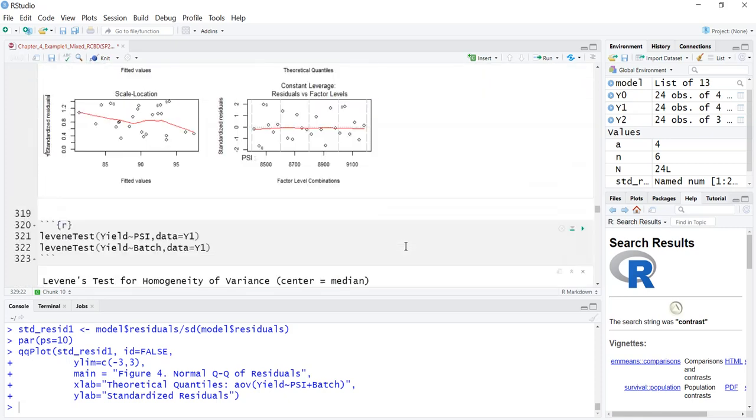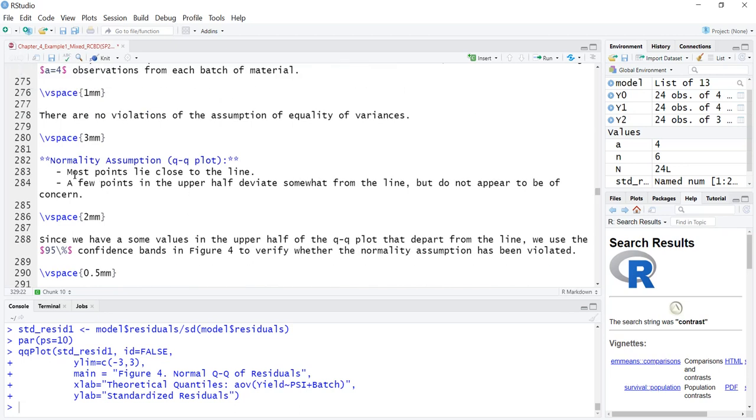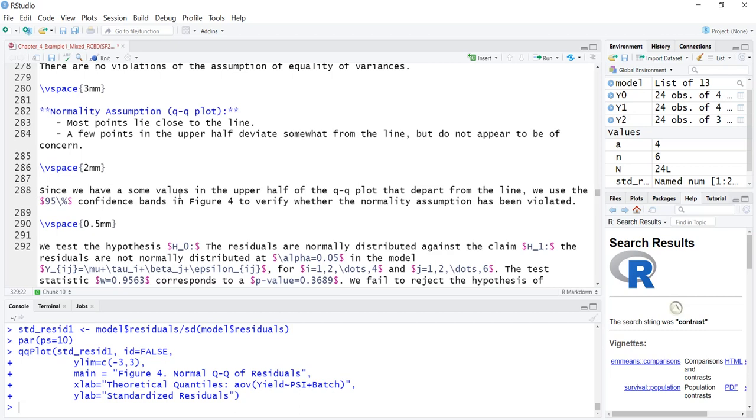All right. So now we have to write it up. So normality, most points lie close to the line. A few points in the upper half deviate somewhat from the line, but do not appear to be of concern. However, since we have some values in the upper half of the QQ plot that depart from the line, we used 95% confidence bands, and I said figure 4, you'd have to change that to 3 once you remove either box plots or dot plots, right? To verify whether the normality assumption has been violated.